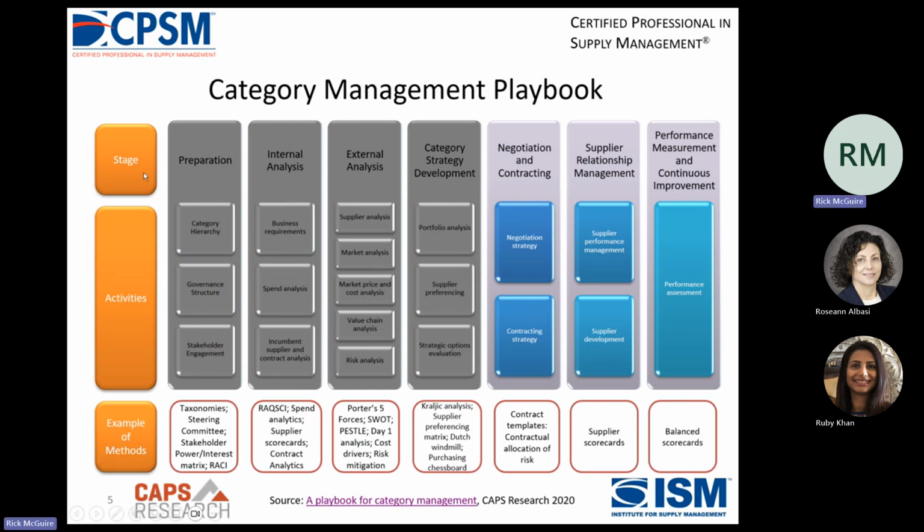Our playbook is 7 stages. These are the activities in each stage, and these are examples of the methods down below. Today we're going to study the last 3 stages. We did the first 4 in 1B1.